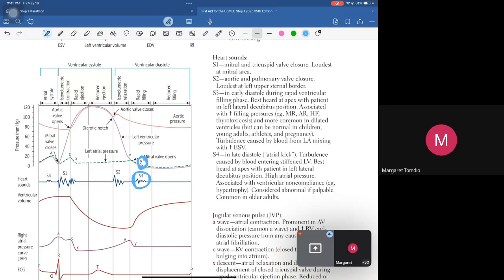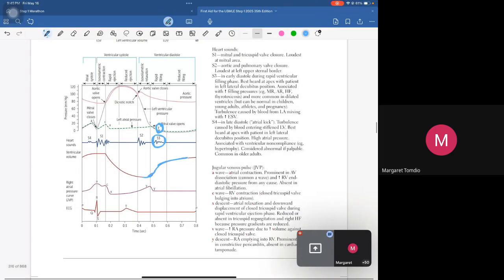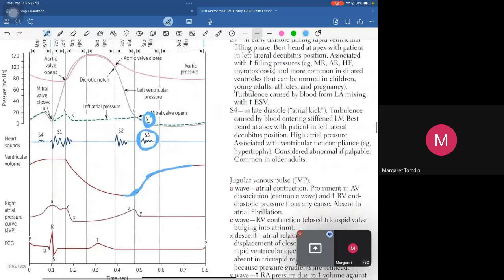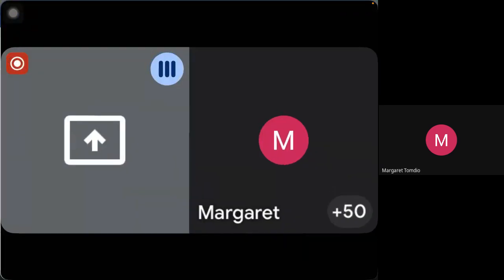And whenever the S3 comes, there is a sudden increase in the ventricular volume here. I cannot see the atrial volume here, but as soon as the ventricular volume increases, there would be that. After that, the ventricular volume increases only a tiny amount, and then the atrial contraction kicks in. So that was the S1, S2, S3 here.